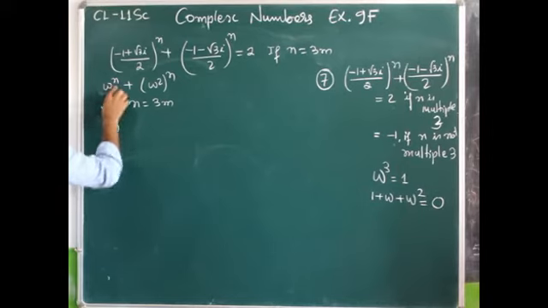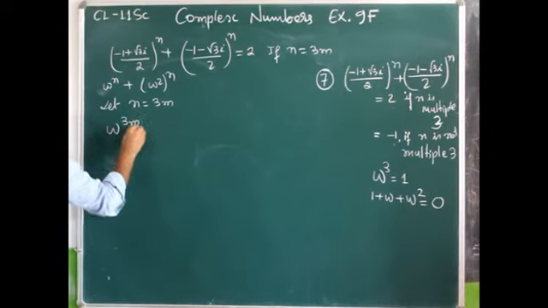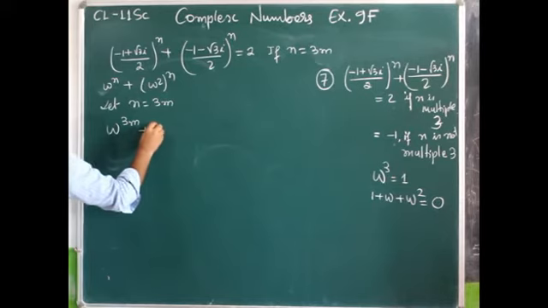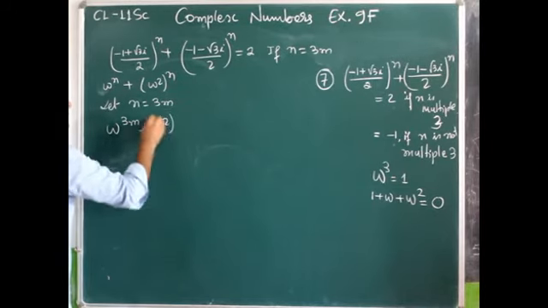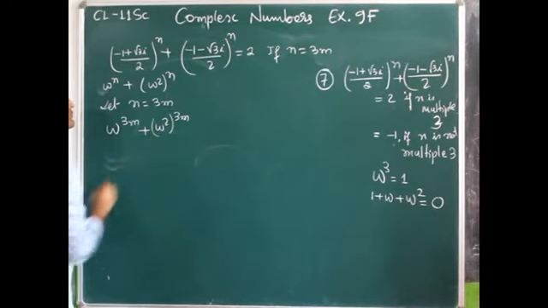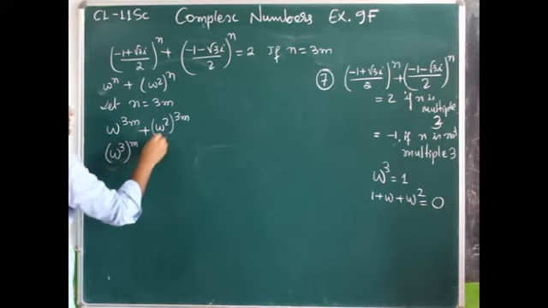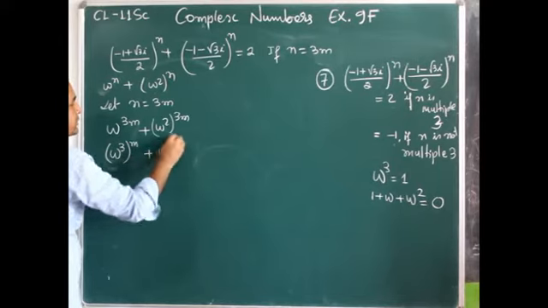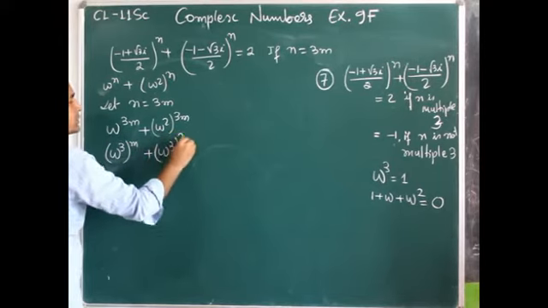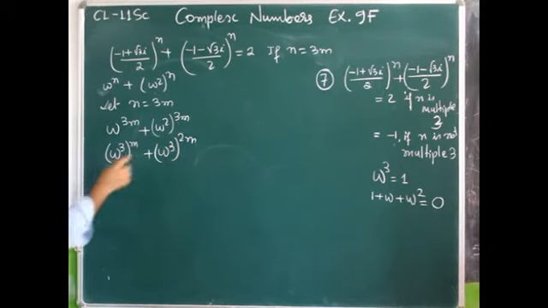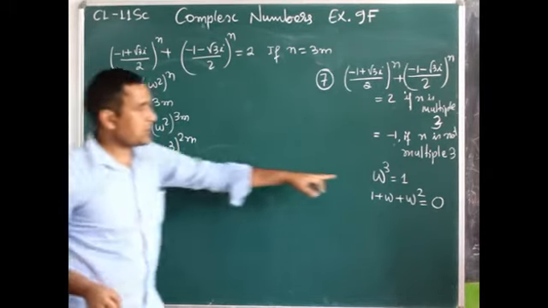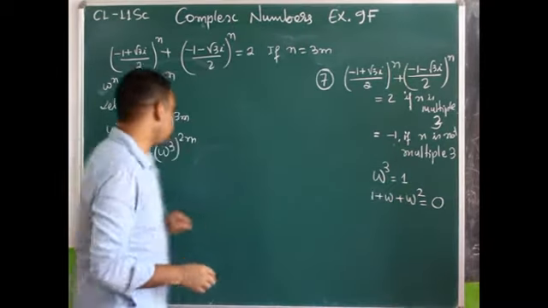So omega to the power 3m plus omega square to the power 3m. Okay, then omega cube to the power m plus omega cube to the power 2m, because I am keeping omega cube so as to replace its value by 1.